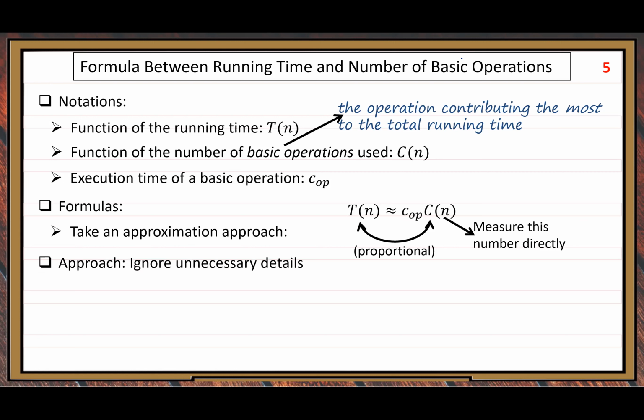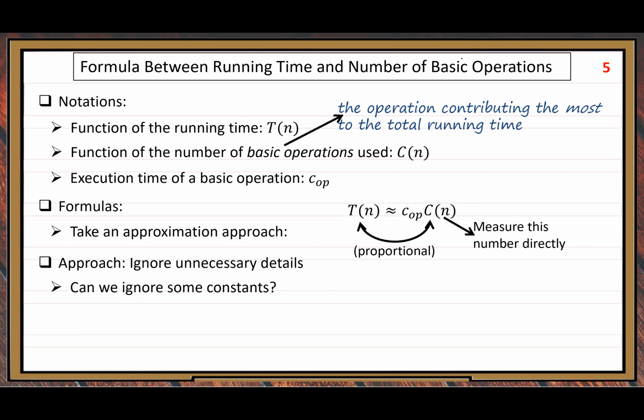So then we want to see what details we can ignore in our algorithm efficiency study. What kind of details can we ignore? Can we ignore some constants?